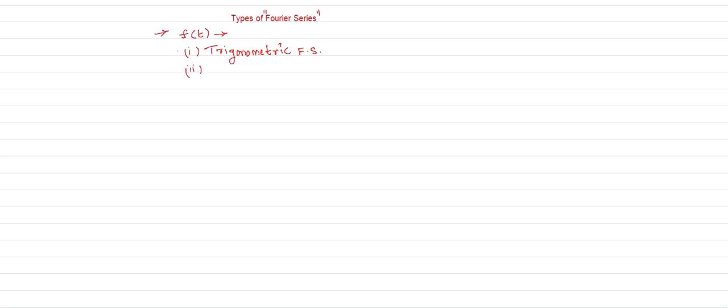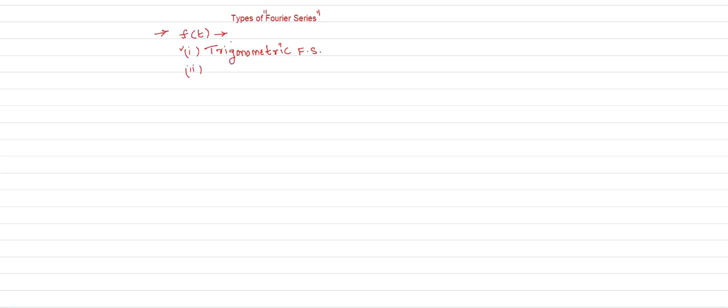In this trigonometric Fourier series expansion, we represent the signal which is a periodic signal satisfying the Dirichlet conditions in terms of the sine and cosine functions. Those are orthogonal functions. So we represent f of t in terms of the linear combination of sine and cosine functions which are orthogonal. So what is the meaning of linear combination?